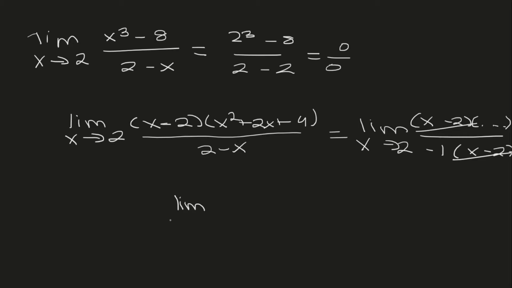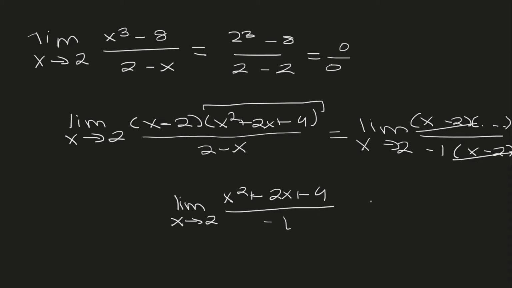So the limit as x approaches 2 of this entire quantity, x squared plus 2x plus 4, all over, since the negative x minus 2 and x minus 2 cancel out, we're left with a negative 1. Now we can use regular substitution to solve this.